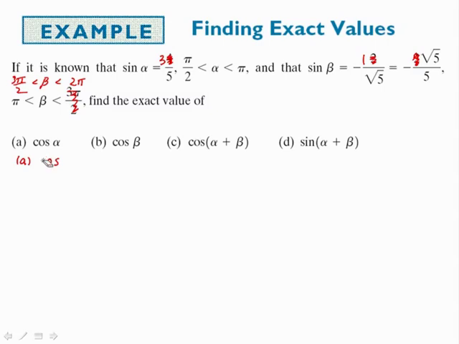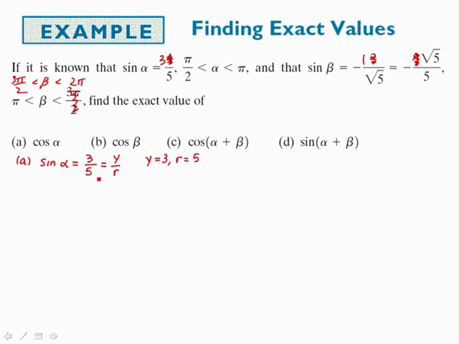So for part A, we want to find cosine of alpha. We know that sine of alpha is 3/5. And by definition, sine of an angle is y divided by r. Right? And so here we have that y is 3, and therefore r is 5.